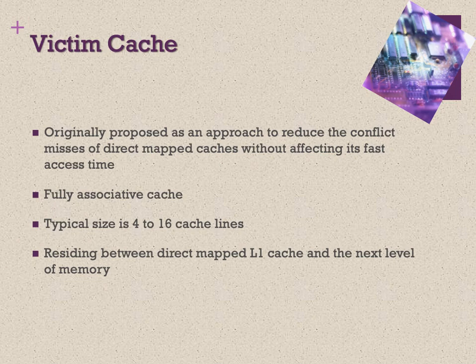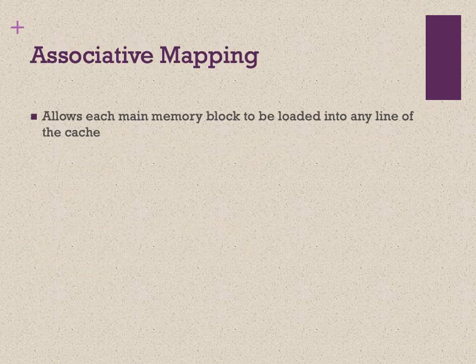And victim cache is proposed as a technique to deal with this conflict miss in direct mapping. It's a fully associative cache, and typical size is 4 to 16 cache lines, and it resides between the direct mapped L1 cache and the next level of main memory. So we have L1 cache as direct mapped, and victim cache as L2 cache. That's associative memory, which allows each main memory block to be loaded into any line of the cache.